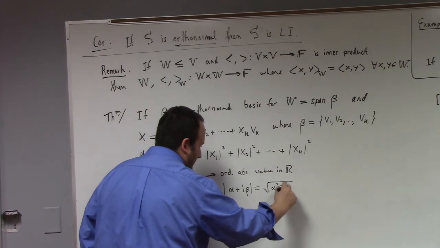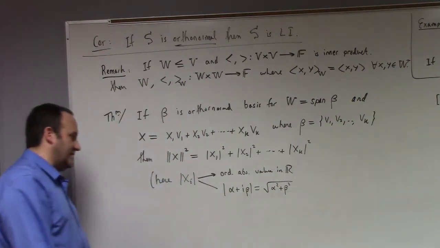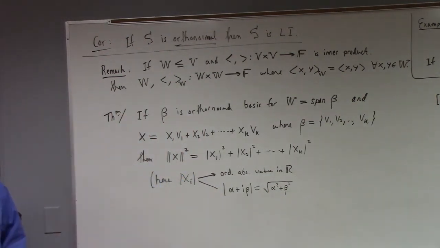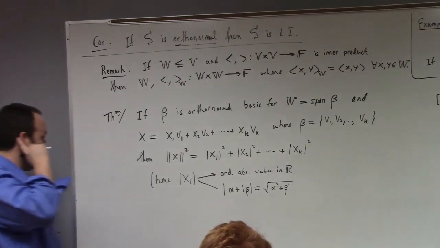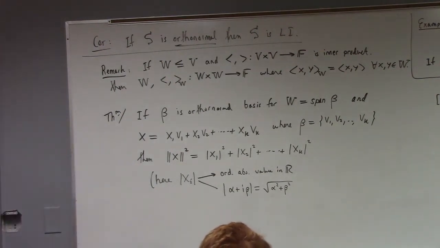I like to say that that's the modulus of the complex number. It's the length of the complex number alpha plus i beta, but that's what appears here. So this is another theorem that is known for orthonormal sets, which is very nice, right?